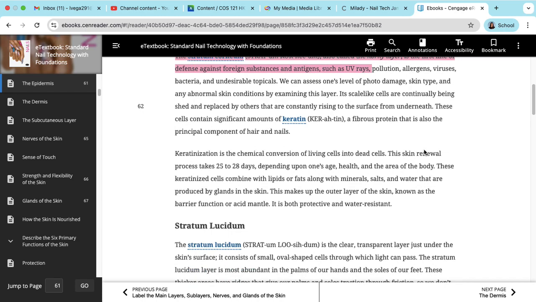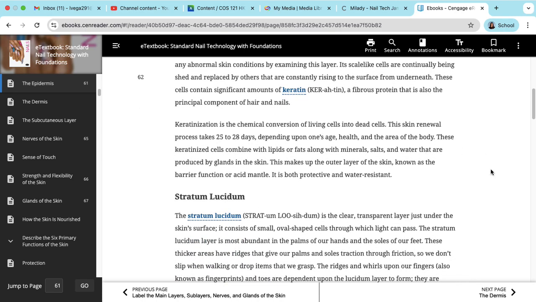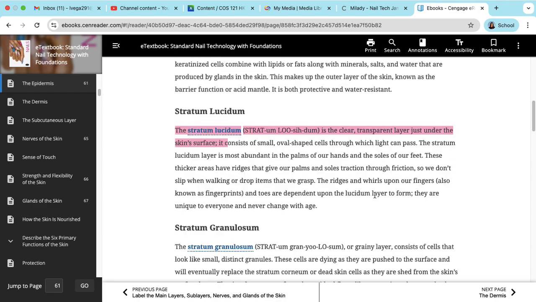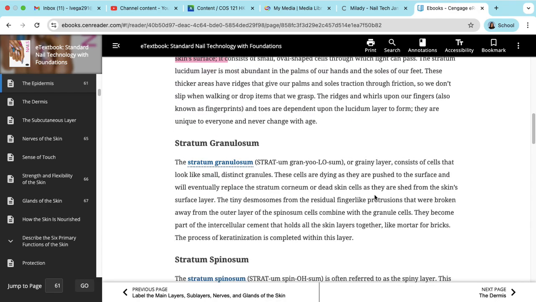Then we have the stratum lucidum, which is the clear transparent layer just under the skin. The stratum granulosum, which is the grainy layer, consists of cells that look like small, distinct granules.